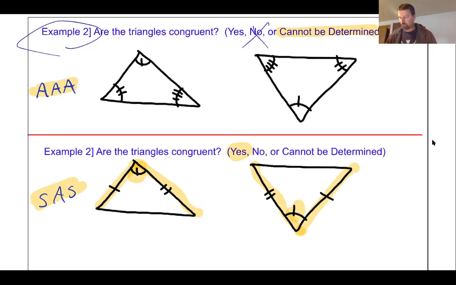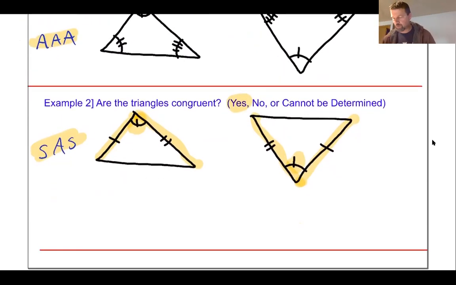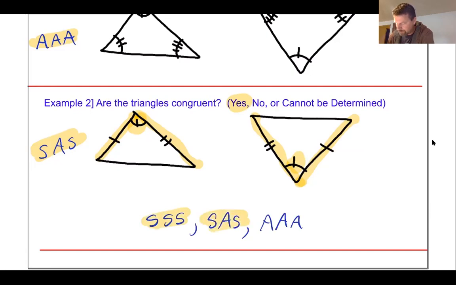So again, recapping, we have 3 shortcuts we learned about today: side, side, side, side, angle, side, and angle, angle, angle. Out of those, only 2 work: the side, side, side, and the side, angle, side. Those work. If we see those, we know the triangles are congruent. If we see angle, angle, angle, we're like, nope, that doesn't work as a shortcut. We can't say the triangles are congruent.